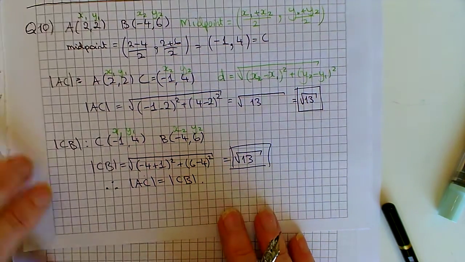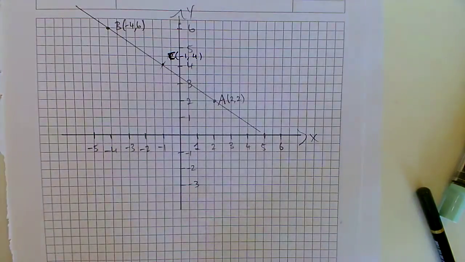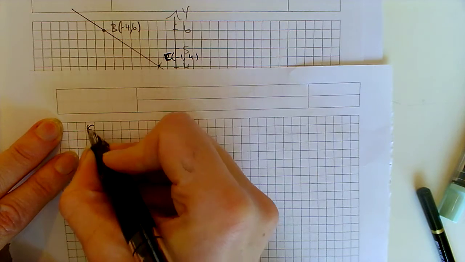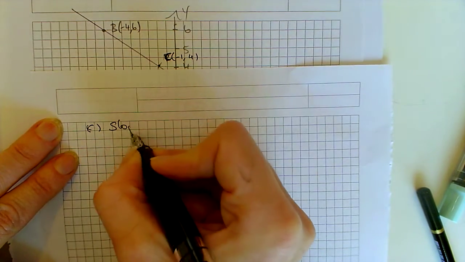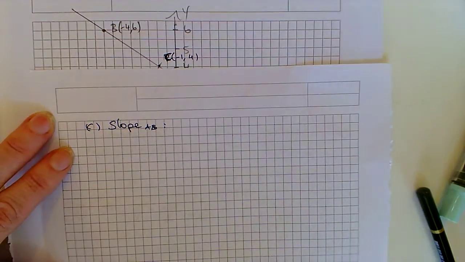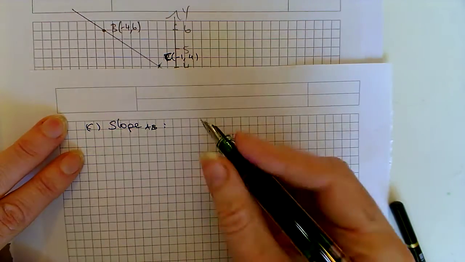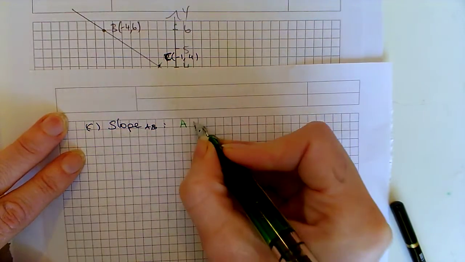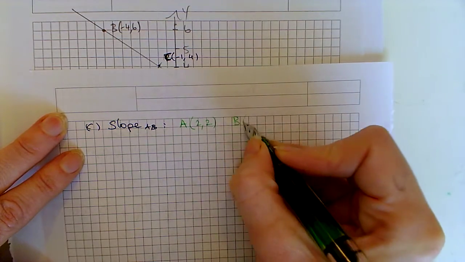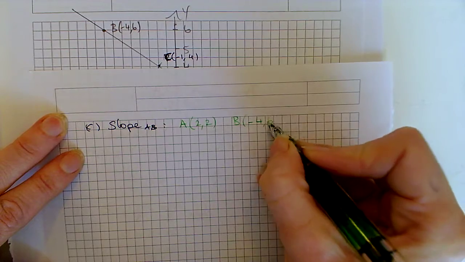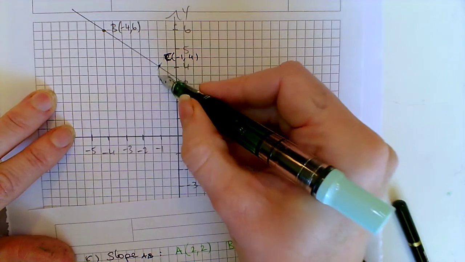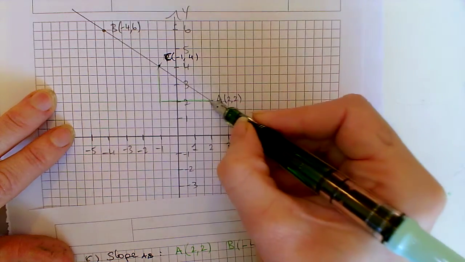Okay, next we were asked to find the slope of this line. So we're asked for the slope of A to B. A is 2, 2. B is minus 4, 6. Could we do it from our diagram? We could. We could use rise over run. It's a negative slope.